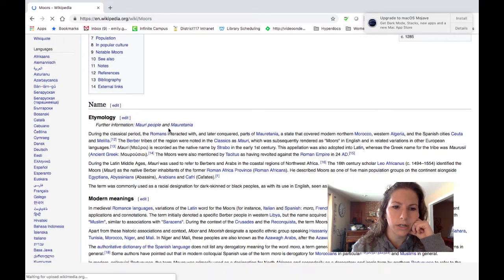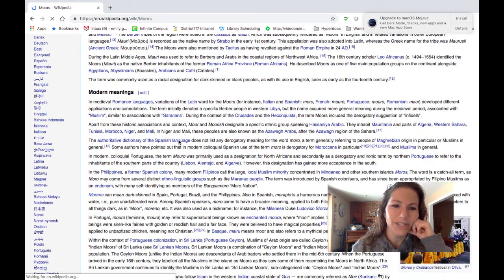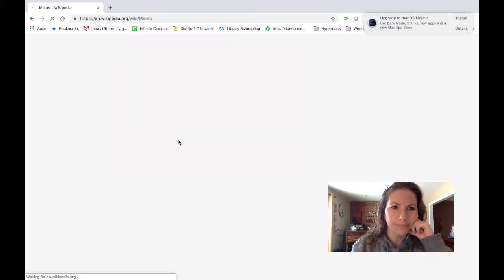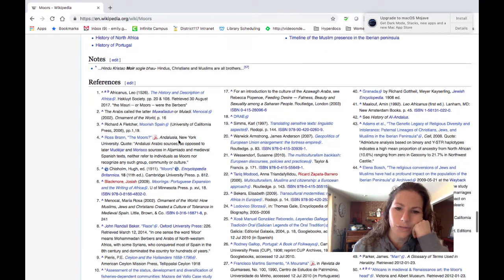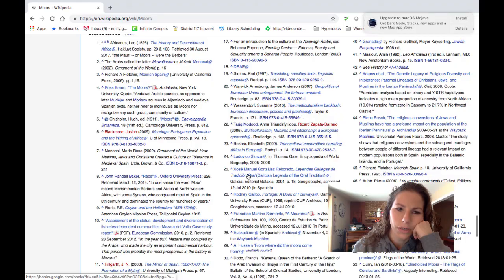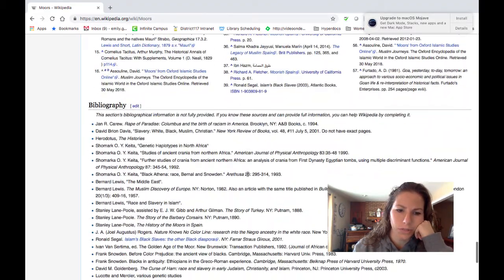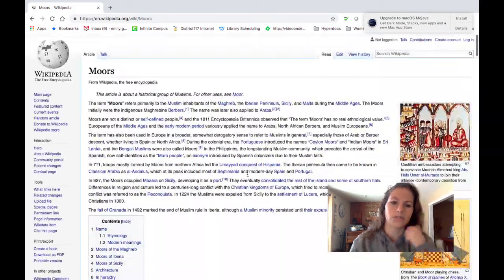So if you look here, oh look, it talks about the etymology, something to research. You can look all the way at the bottom, and here it has the references. So you could use these as a great place to go for some credible sources that they are directing you to, things that they've used, external links. Those are some great resources to use.